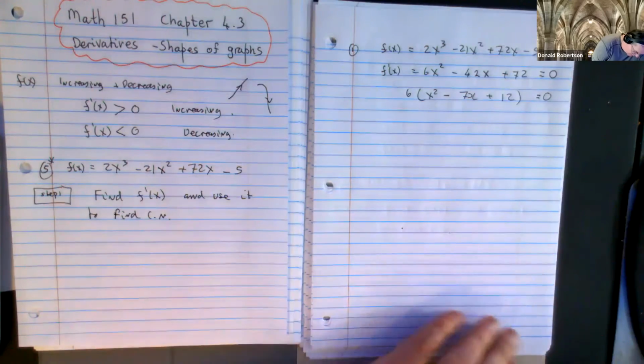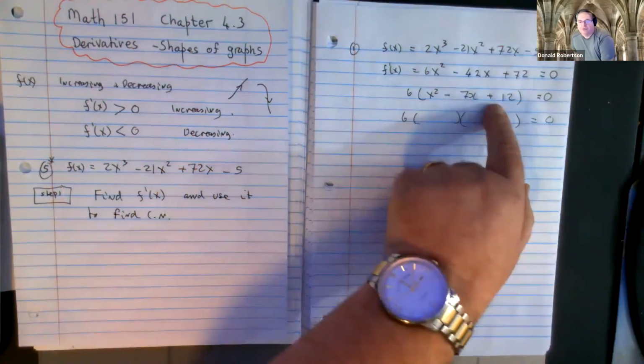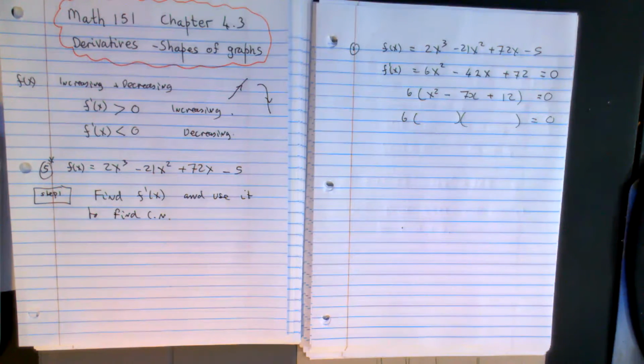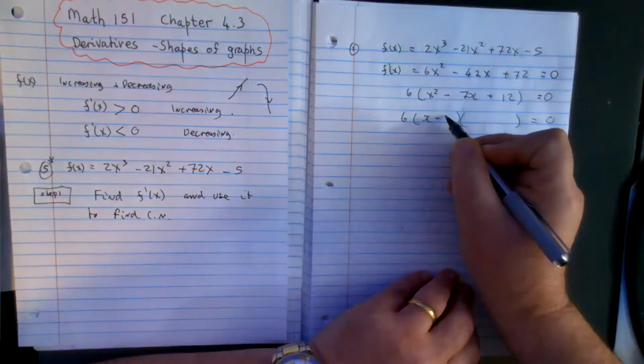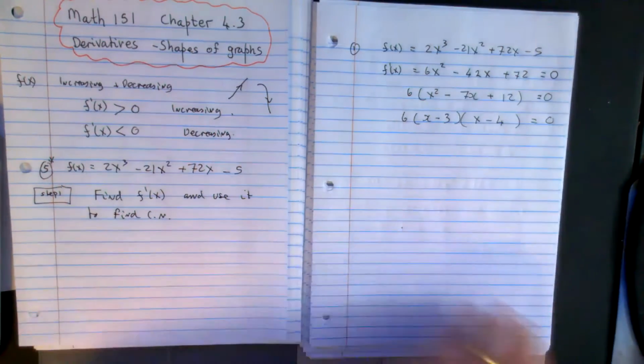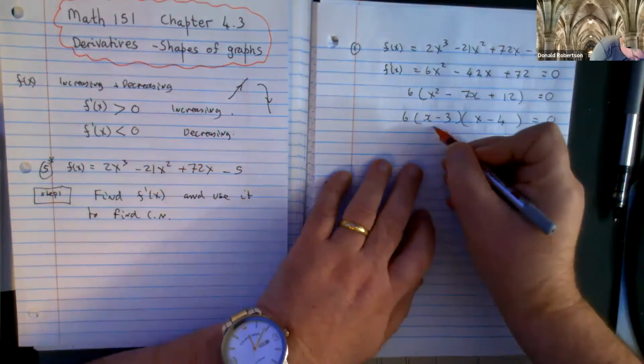So, any volunteers for what this quadratic becomes when you factor it? x minus 4, x minus 3. Agreed. And that leads us to 2 critical numbers.